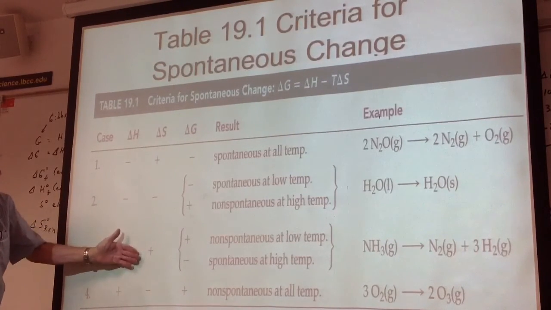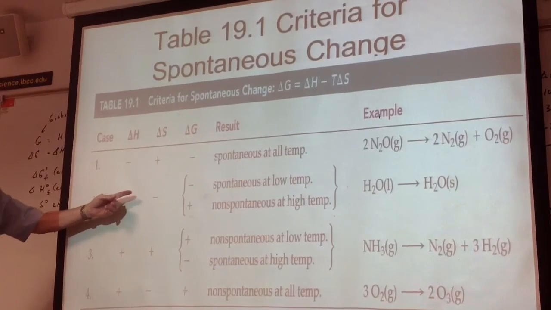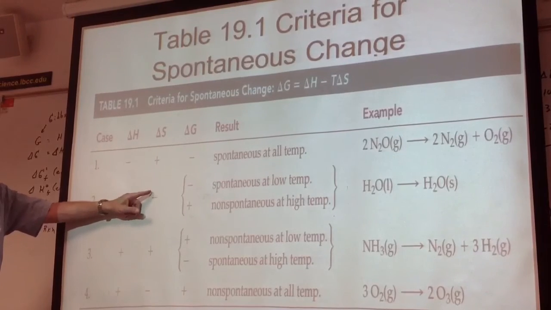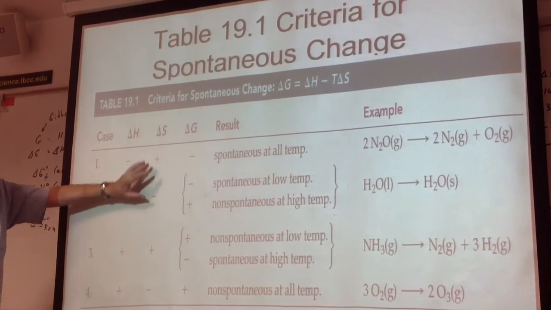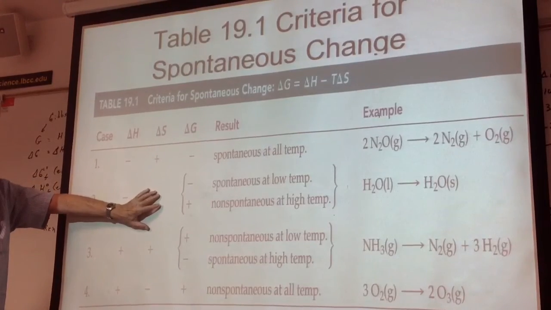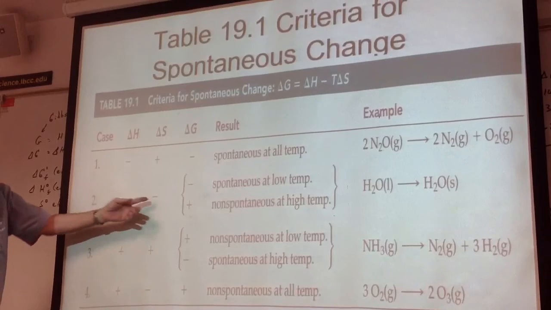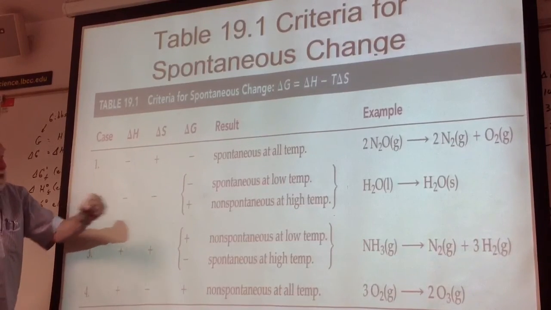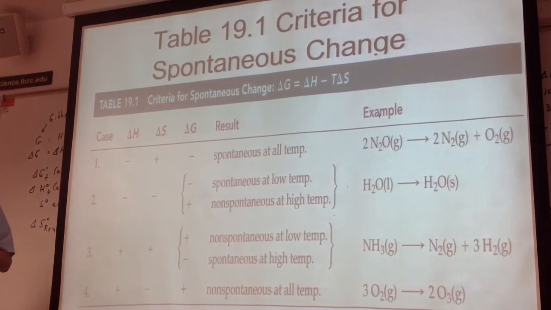And then here are the two things that change from spontaneous to non-spontaneous as you change the temperature. In one case, where delta H is negative and delta S is negative, these two negatives make a positive. So as you raise the temperature, this term becomes more important than this term, and the reaction goes from a negative to a positive delta G, and so it's non-spontaneous at high temperature, spontaneous at low temperature.